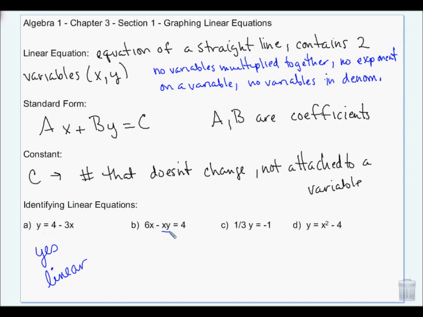Here, this has x times y, so these are variables being multiplied together, so it's not linear. This is 1/3 y. The y is not in the denominator, so it's okay.